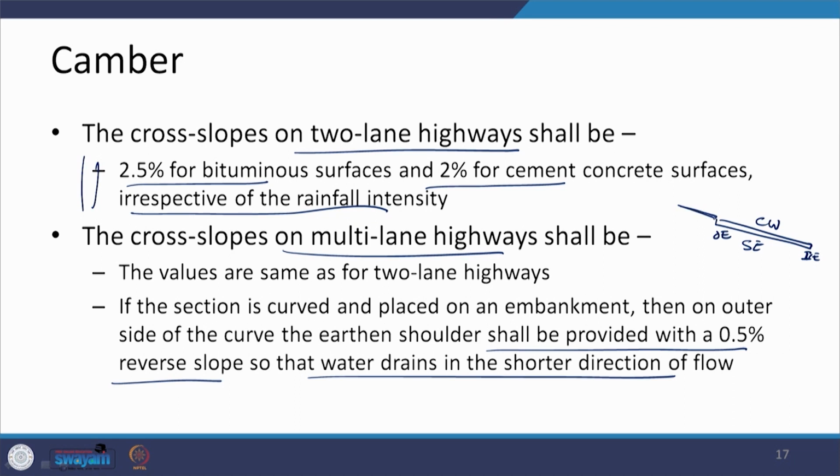What it says is that you provide a shoulder here like this one, and then it can be further in this form. So, a 0.5% reverse slope, not a slope in the same direction. A reverse slope shall be provided. So, instead of taking the water in this direction from the shoulder, we are taking the water outside of the total system, and that will become the shorter direction for the movement. So, this is another important thing which we need to look at.